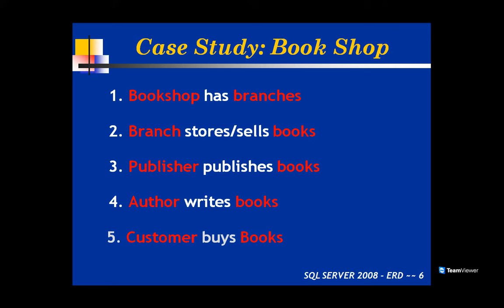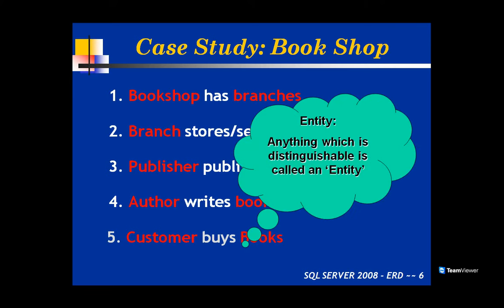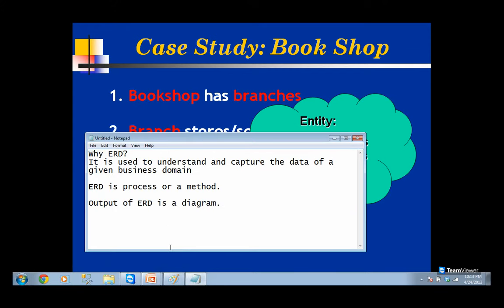Okay, now you have to understand what is an entity. ERD means entity relationship diagram. The question is, what is an entity? Entity means a distinguishable item. Distinguishable means a unique item. From whatever he gave, you have to identify the entities for the ERD.